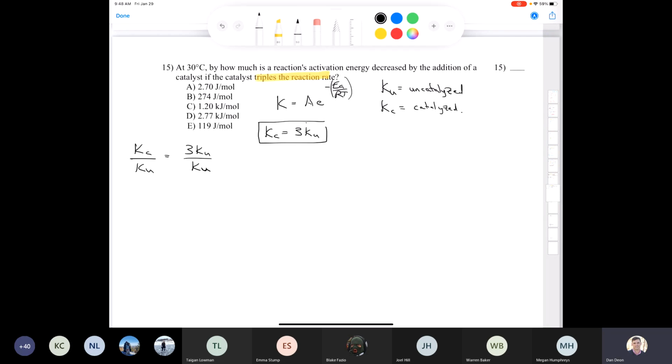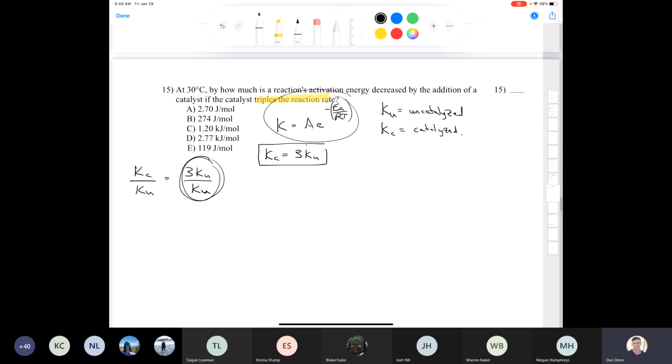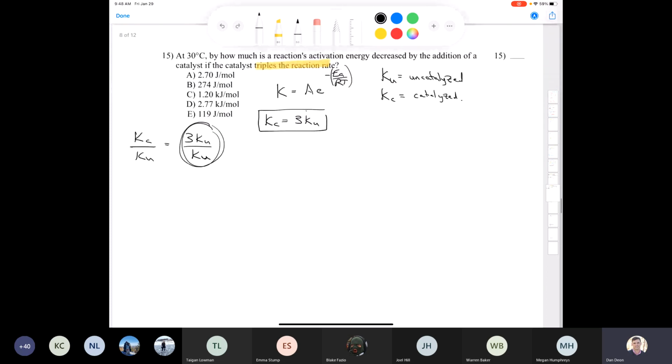So that's what I'm going to compare, these two things. And then I'm going to solve for the activation energy. Let me show you how we would do that. If I have this formula right here, I'm going to write an expression that relates 3Ku and Ku to this equation.